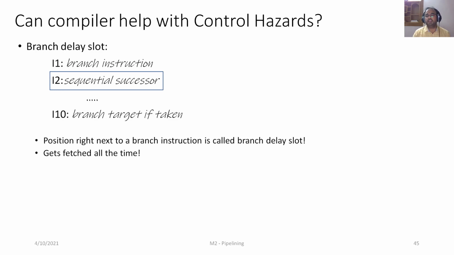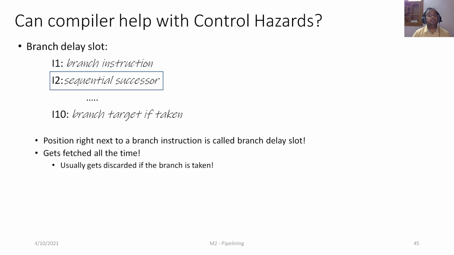Now let's try to understand why it's called so. One key thing to observe is it will get fetched most of the time. So keep aside the branch prediction part. If we don't have branch prediction, then what the hardware does by default is to fetch the next instruction.